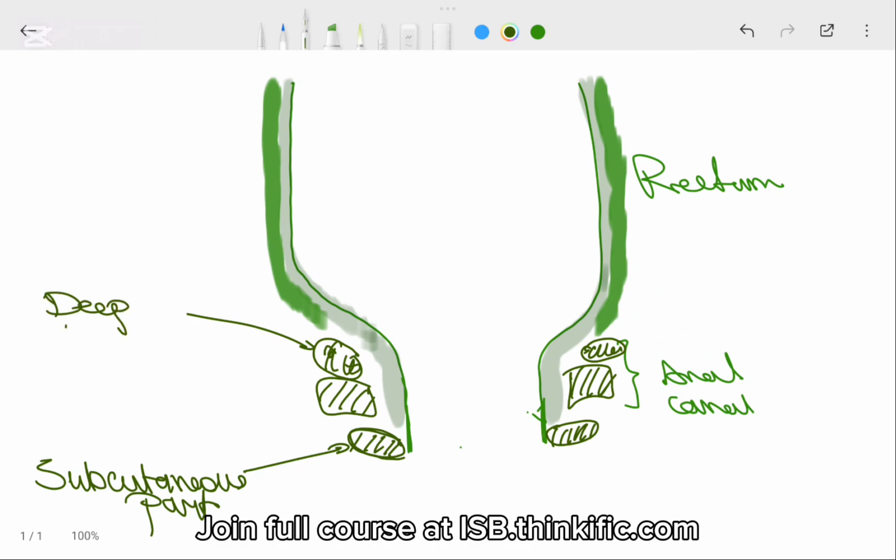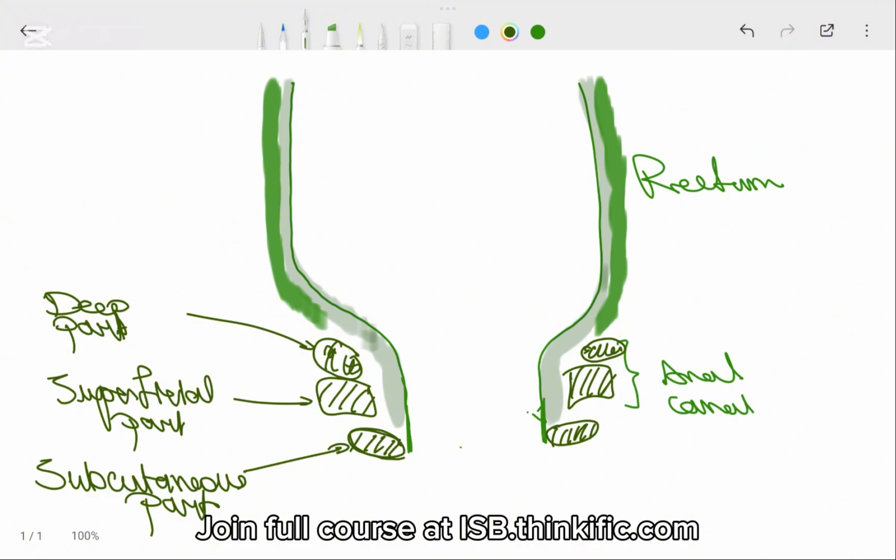And the part in between, unfortunately, they did not name it intermediate part. They just call it the superficial part. Now many people think that the external anal sphincter is circular, but in fact it's not. It's somewhat oval. I'll show you later in another diagram.